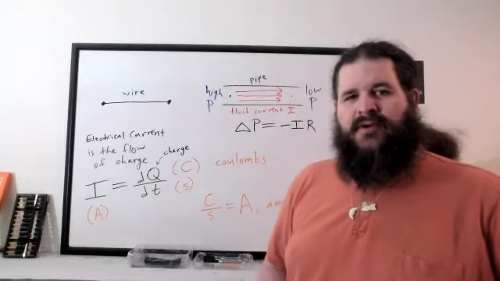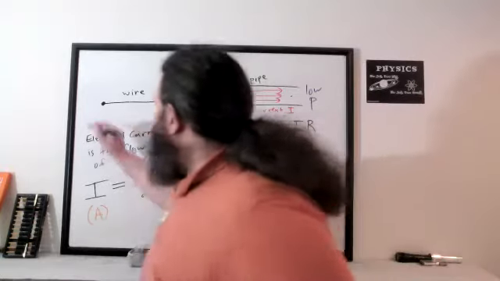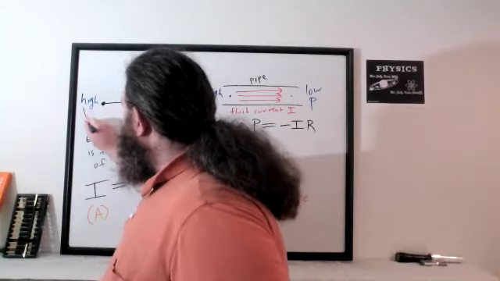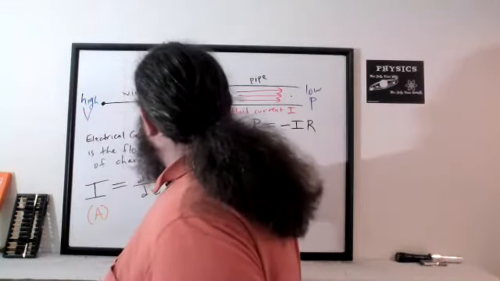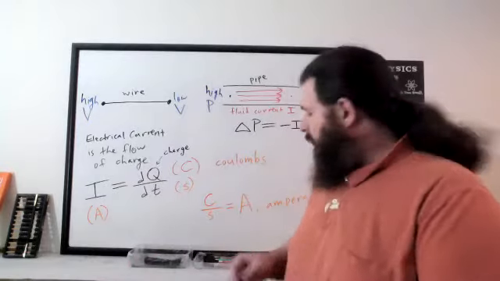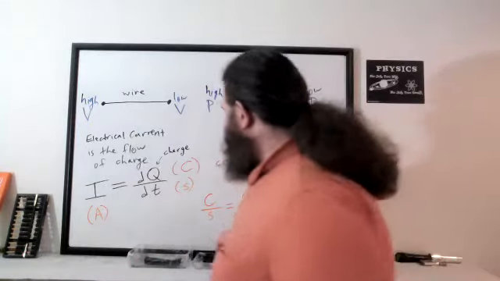Yeah, the electrical potential, or the voltage. If we've got a high voltage zone at one side of the wire and a low voltage zone at the other side of the wire, electrical current is going to flow from high voltage to low voltage.